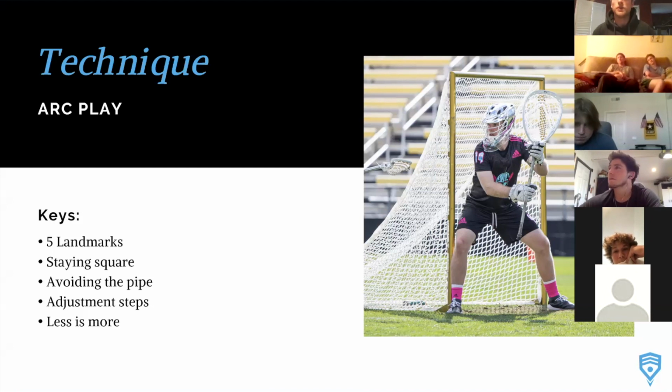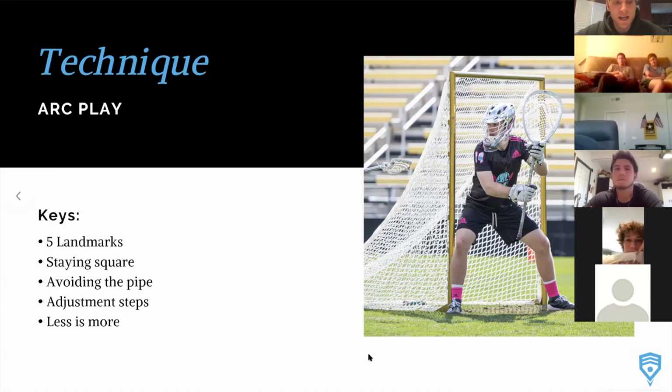And especially if your stick is up against the pipe, you give up a lot of room to that offside, that far side. And that's where goalies then develop these habits of overstepping or overreaching for the ball, because they have to go further than if they were in good position, staying square to the shooter and off the pipe a little bit. They wouldn't have to do those things. But again, we will touch on that a little more in the film.